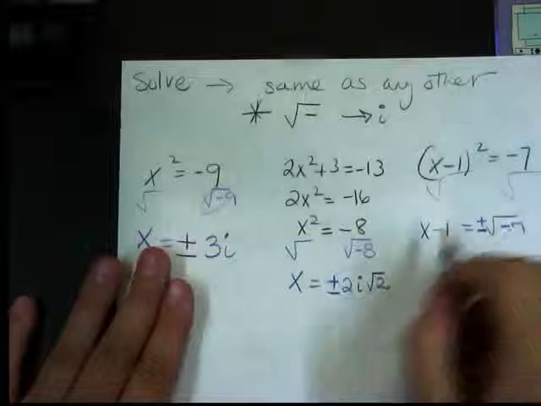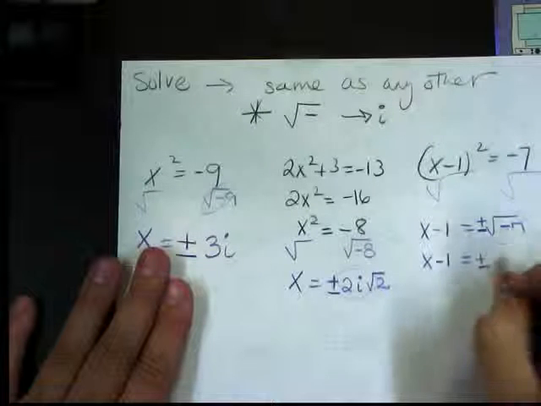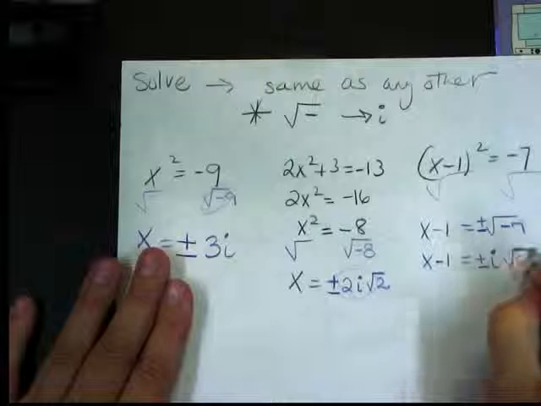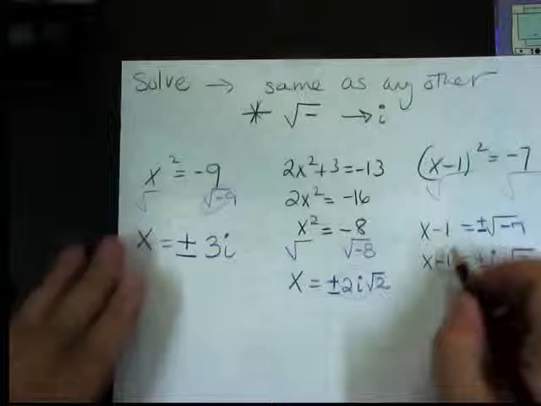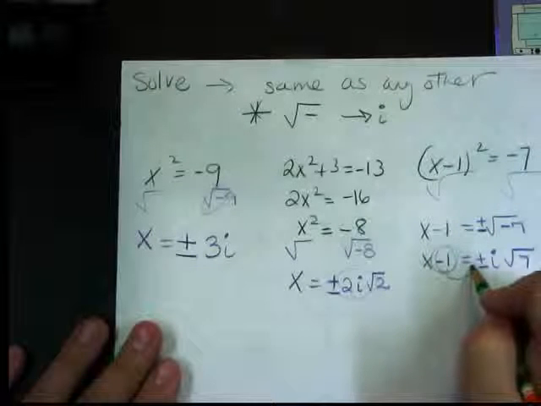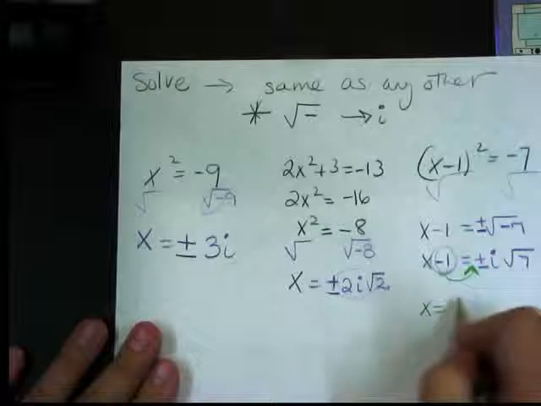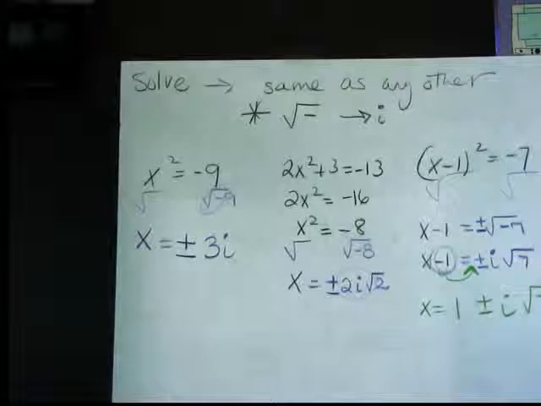Now, I can't simplify the 7, but I can simplify the negative. So I need to do that. And because it's with the radical, it goes in front of the radical, so it's just I root 7. But because I'm solving, I got to move that x. And the way I'm going to move the x is that goes in front. So x is 1 plus minus I root 7.